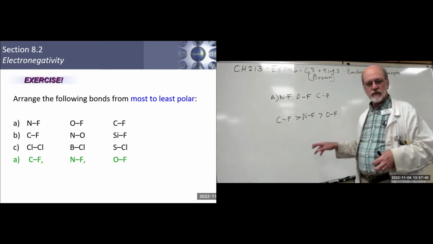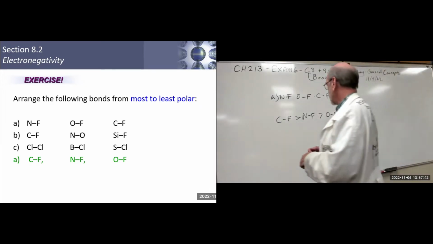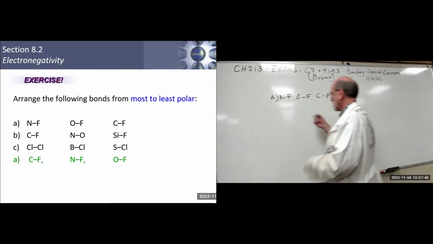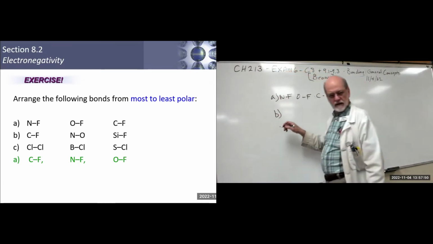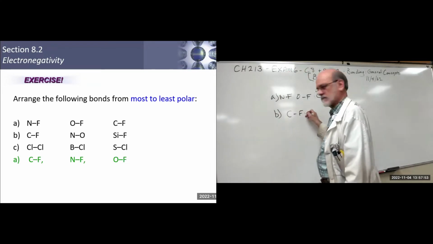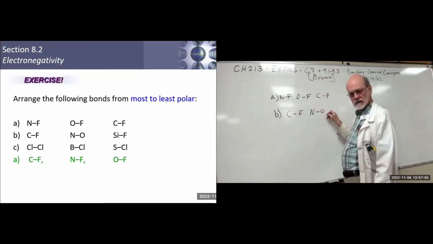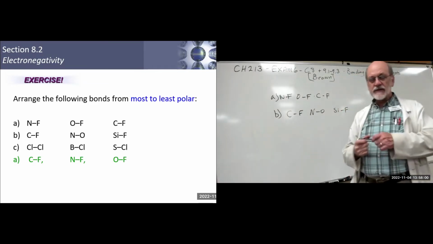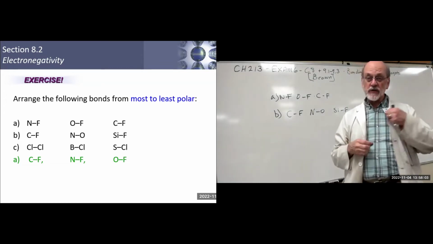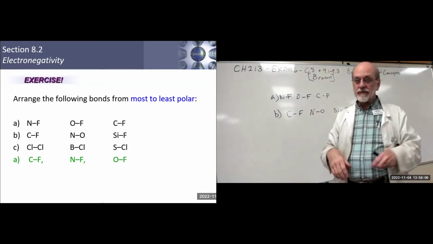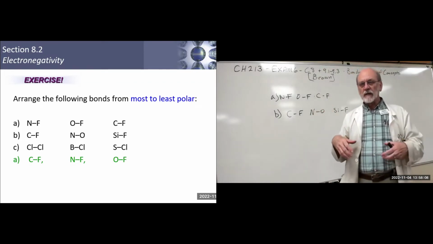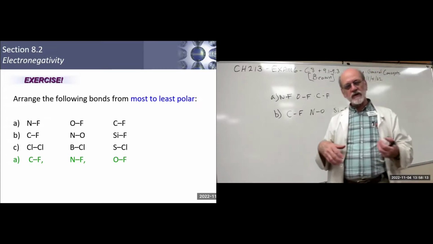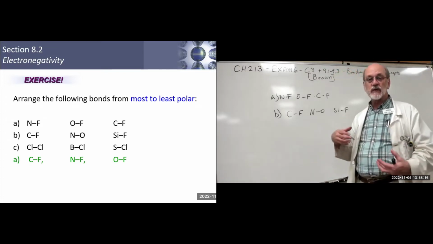Carbon, nitrogen, oxygen, fluorine. B is a little more difficult because it's a mix. So we have carbon-fluorine, nitrogen-oxygen, and silicon-fluorine. In this case, we need to make some judgment calls about the distance between them. The farther apart they are, the larger their electronegativity difference. So the most polar is going to be the one that has the greatest distance between the two atoms.